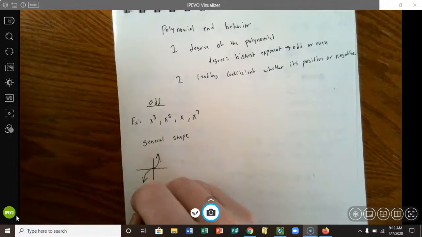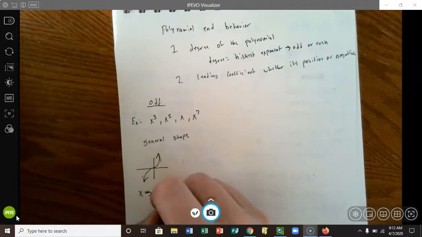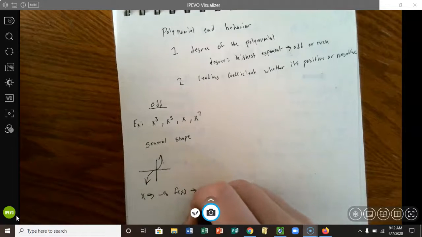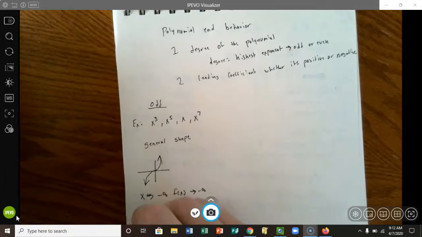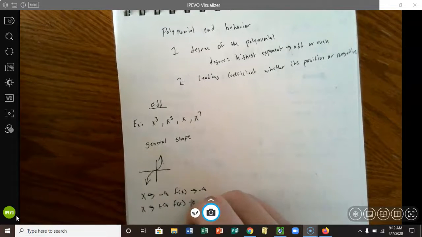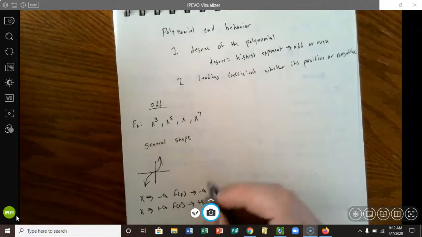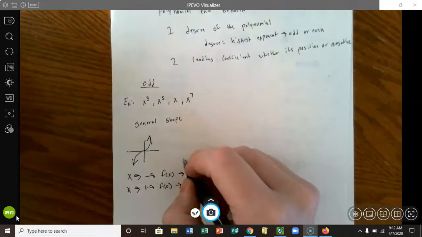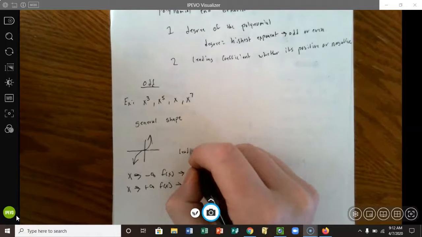So as x goes towards negative infinity, f of x goes towards negative infinity. As x goes towards positive infinity, f of x goes towards positive infinity. And this is if your leading coefficient is positive.